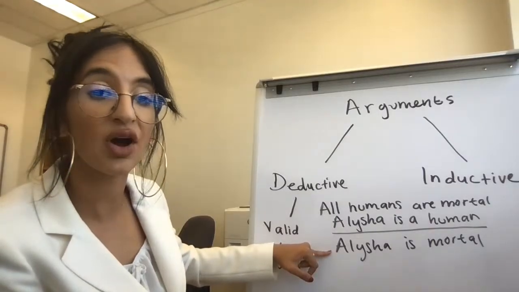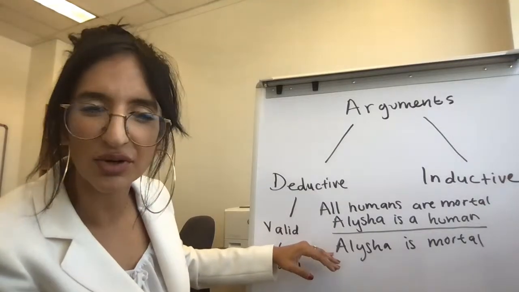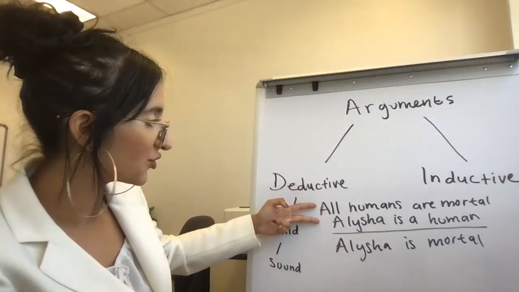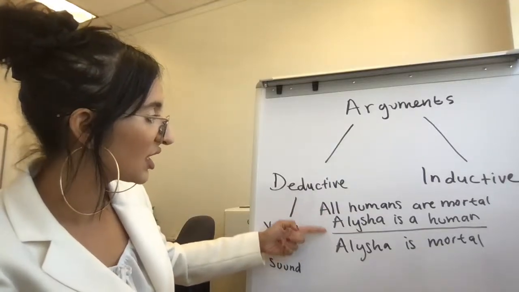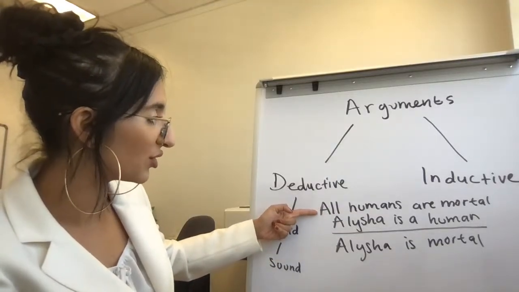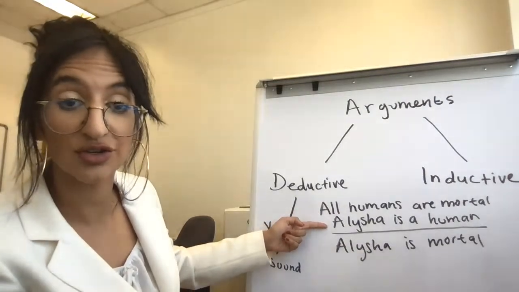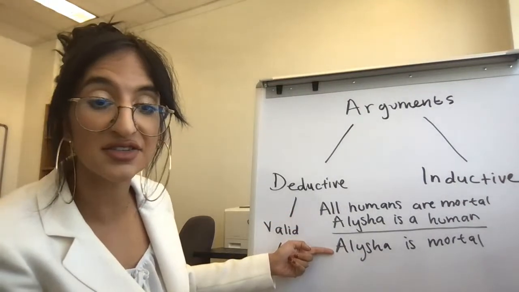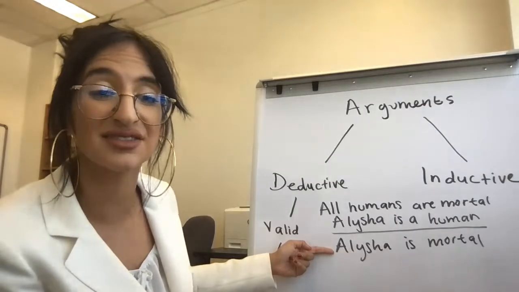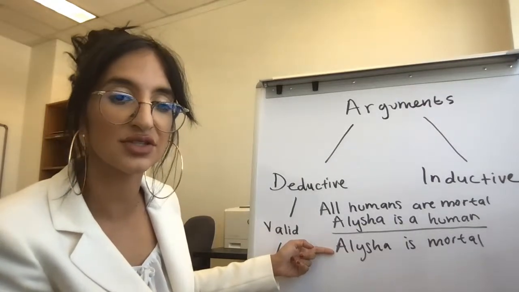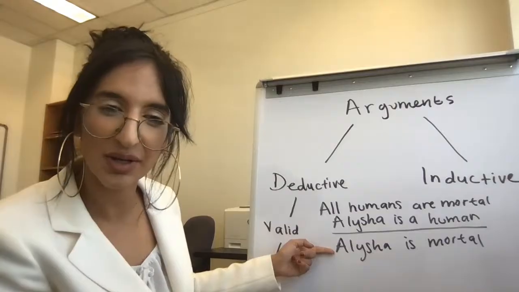In other words, it would be impossible for these two premises to be true and this to be false. If it is true that all humans are mortal, and Alicia is a human, which is true, then this just has to follow with complete certainty. You see what I mean?